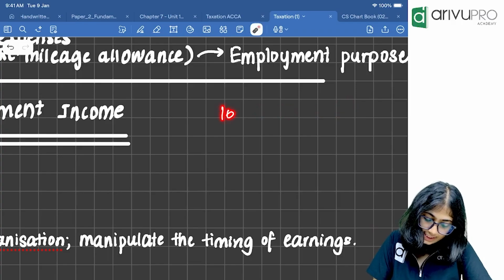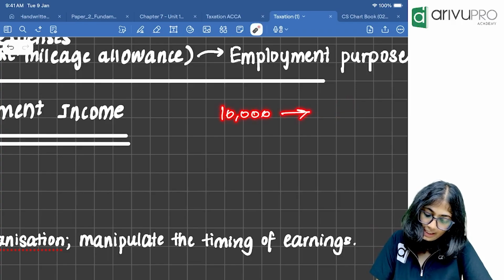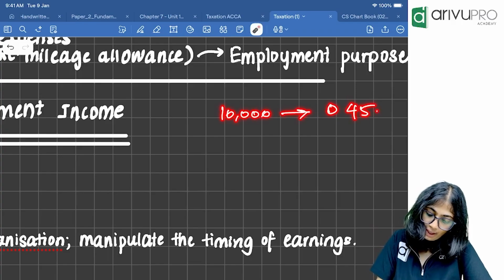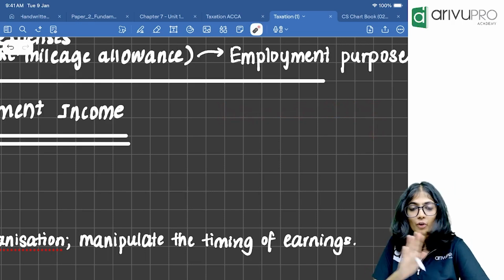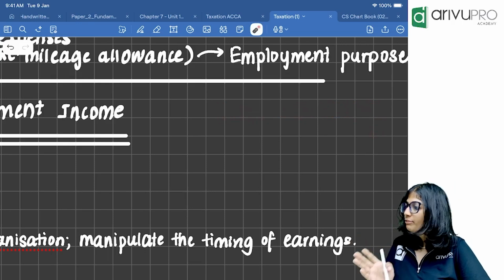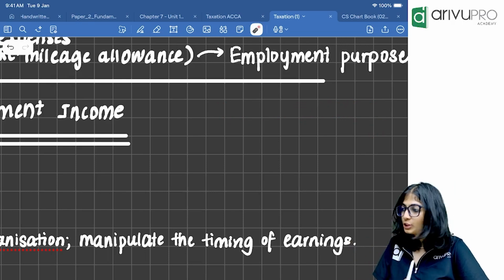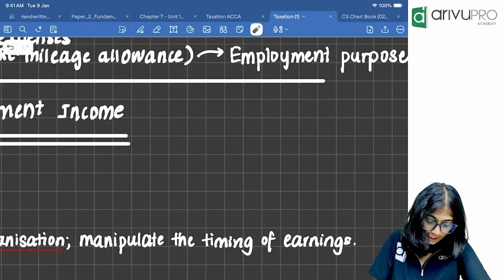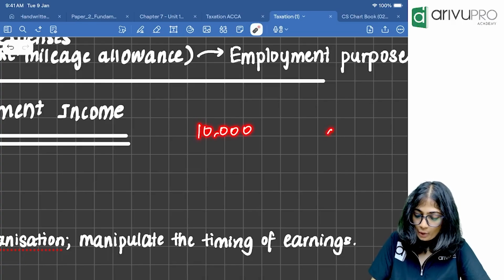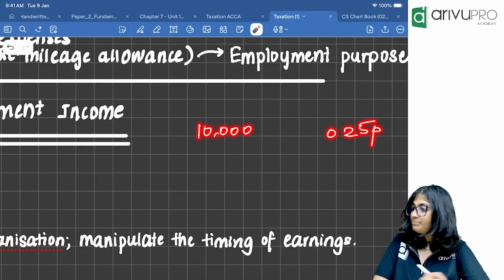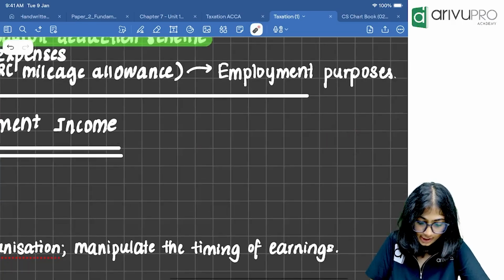For the first 10,000 miles per annum, it is 45p, which basically means 0.45 pounds. Over and above 10,000 miles, it is 25p. That is the HMRC's mileage allowance.